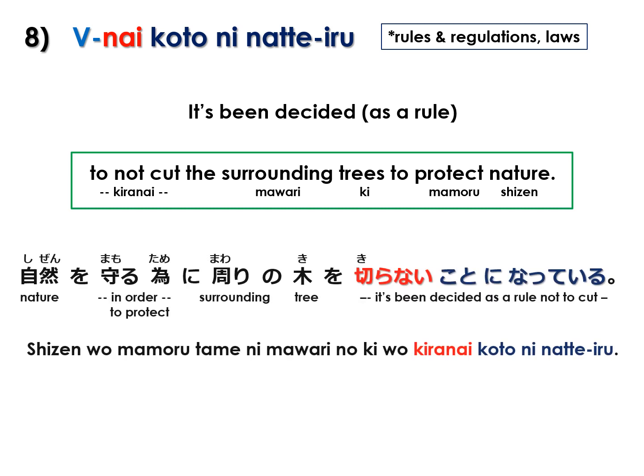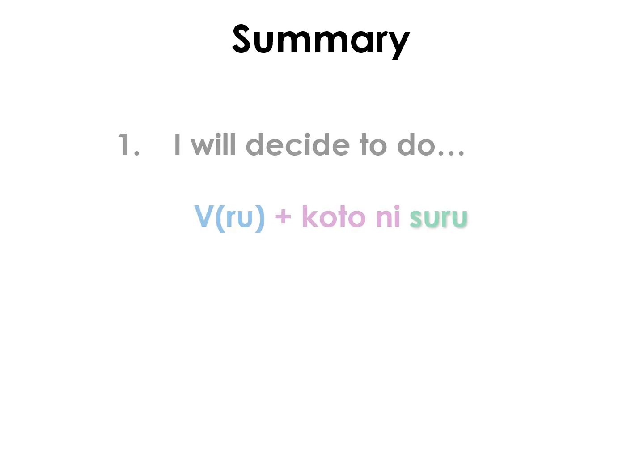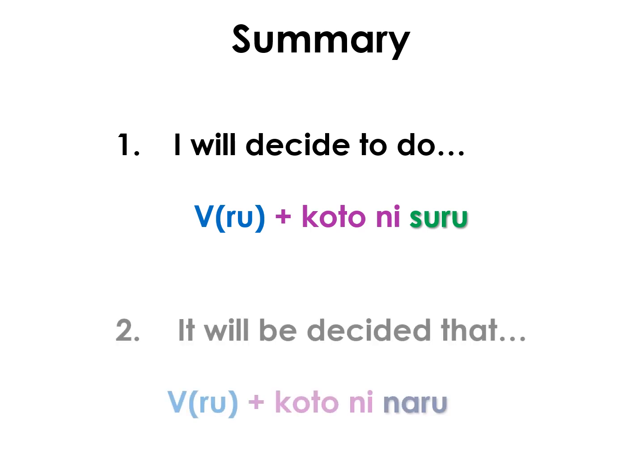In Japanese, 自然を守るために周りの木を切らないことになっている。 To summarize, in this lesson we learned how to express decisions using two main conjugations. ることにする, meaning I decide to do so and so, and ることになる, which means it will be decided to do so and so. Often, these are used in the past tense.